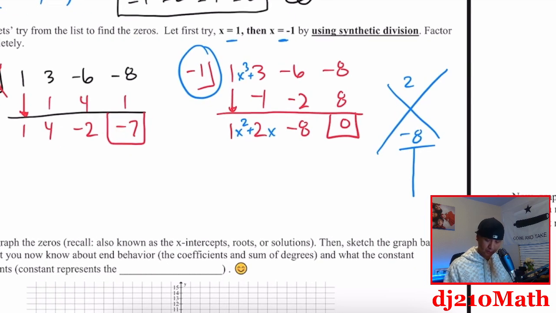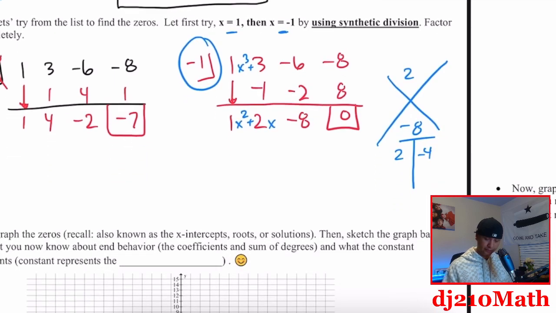So 2 and 4, let's call it, negative 2. 2 times negative 4 is negative 8. But 2 plus negative 4 is not positive 2, right?